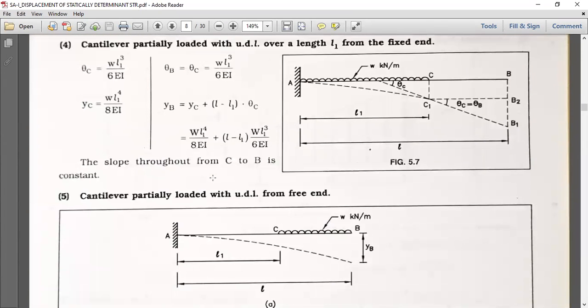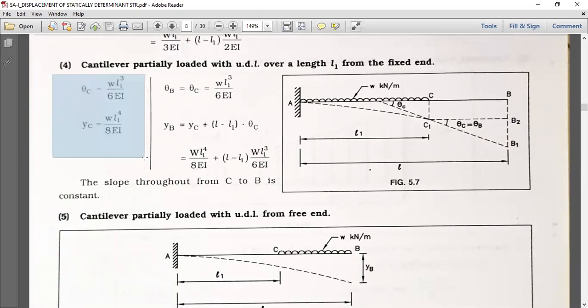Now this is a similar example in which the point load is replaced by a UDL up to the same point. Consider a beam AB having a UDL W kilonewton per meter up to C, or L1 length, whose slope and deflection formulas are taken from the cantilever beam with a full UDL, and the rest of the things are as discussed.